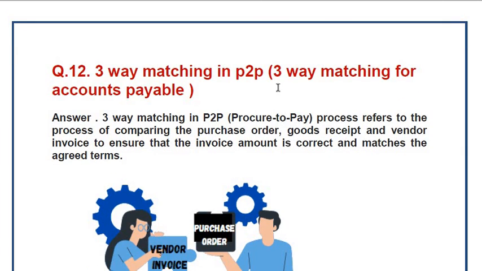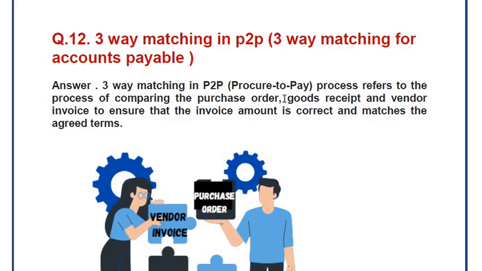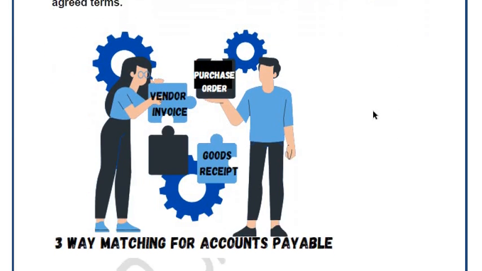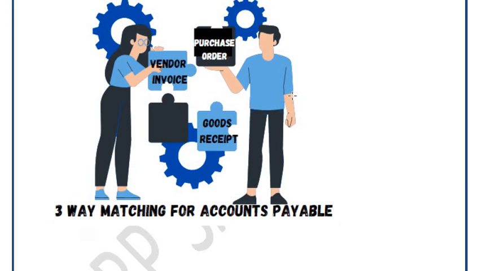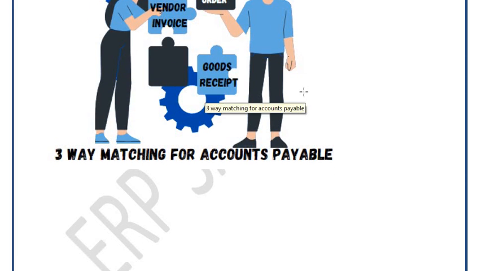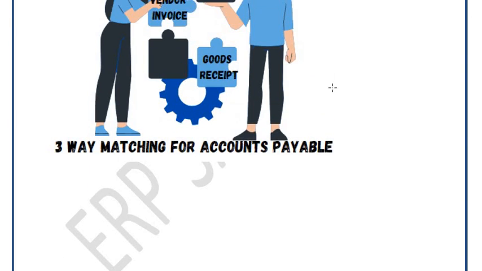Okay, three-way matching process in P2P, three-way matching for accounts payable. Three-way matching in the P2P process refers to the process of comparing the purchase order, goods receipt and vendor invoice to ensure that the invoice amount is correct and matches the agreed terms. Fine. Three-way matching for accurate accounts payable. Okay, what is three-way matching?